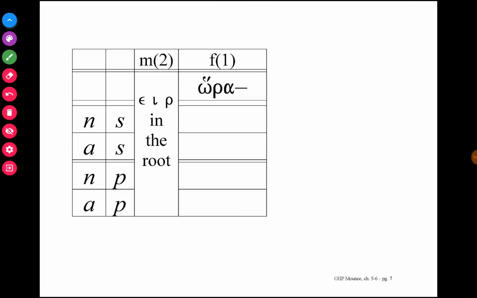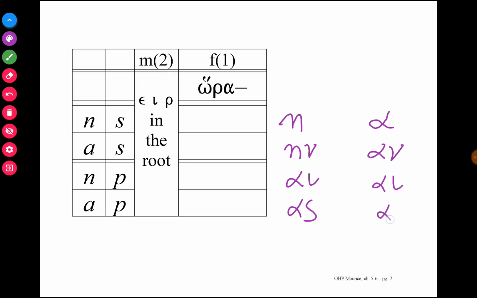Now, remember that in the feminine forms, we said that there are times when you use eta, ein, I, os, and sometimes when you use alpha, on, I, os. When do you use these forms for the nominative, accusative, singular, and plural?